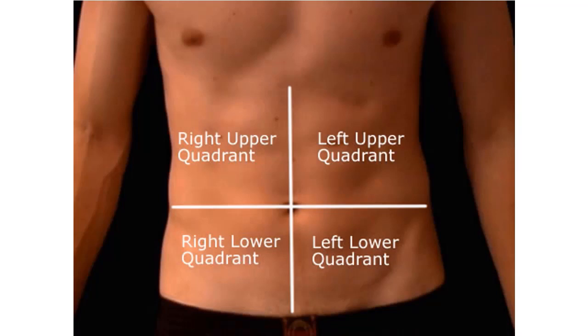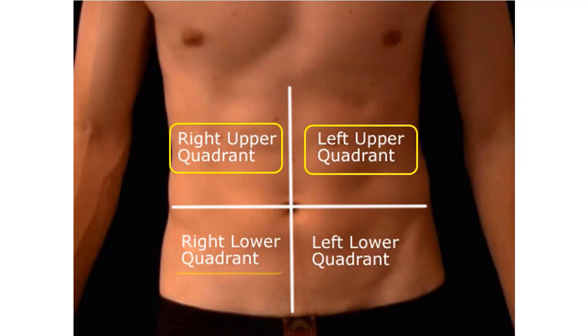So the abdomen at the surface is divided into 4 quadrants. This is the right upper quadrant, and this is the left upper quadrant, and then right lower quadrant and left lower quadrant. In the physical examination of the abdomen, the doctor usually starts with this system to have a general idea.